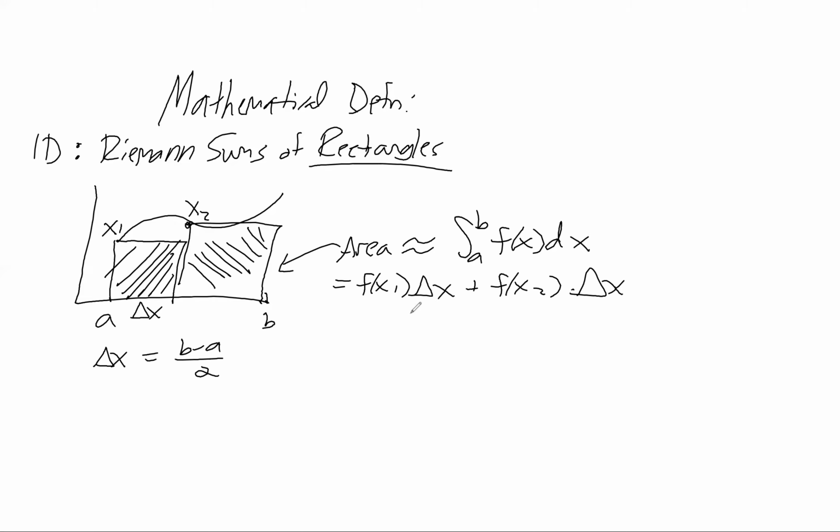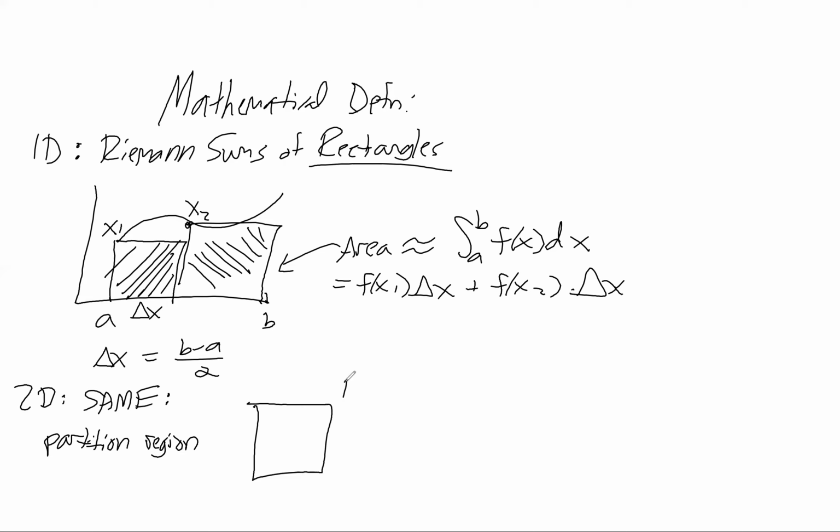So really, we're just going to do the same exact thing for 2D. So if we again partition the region, for example, let's just do a rectangle.